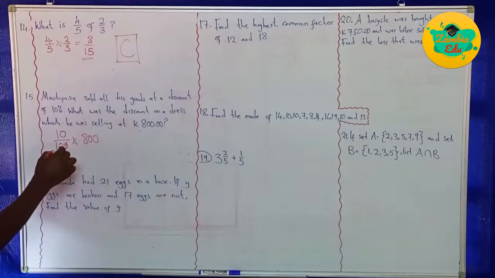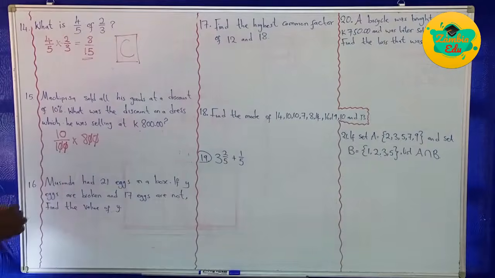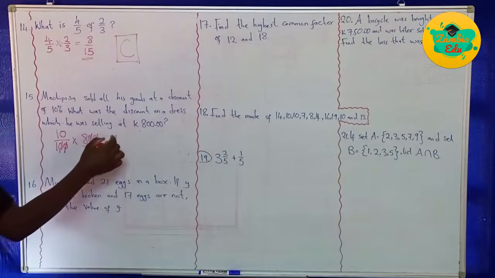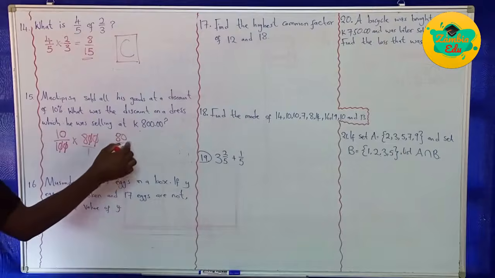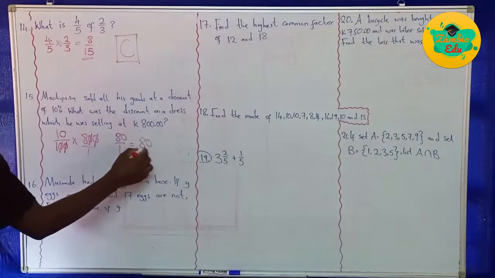So we can cancel the zeros, and even do that over 1. So 10 times 8 gives us 80 over 1. So 1 into 80, that should be 80 itself.